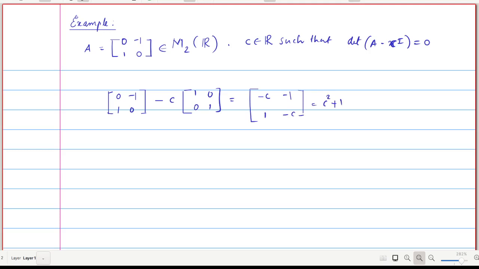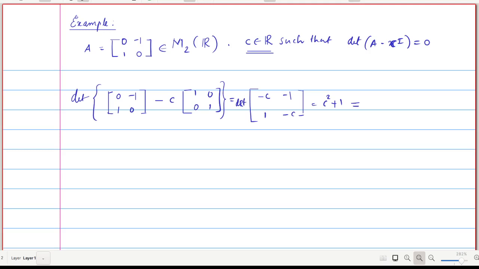So in order to get C belonging to R such that C square plus 1 equal to 0, this is the determinant of all this, that will give C square plus 1.